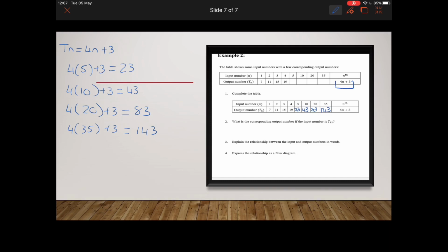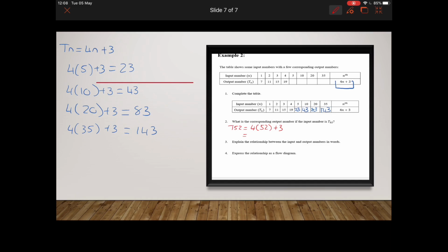Second one says, what is the corresponding output number if the input number is T52? So this is exactly like what we did in the previous example. So they're asking us to find out the actual term value at the position of 52. So now we're going to say T52 equals 4 open bracket 52 plus 3.